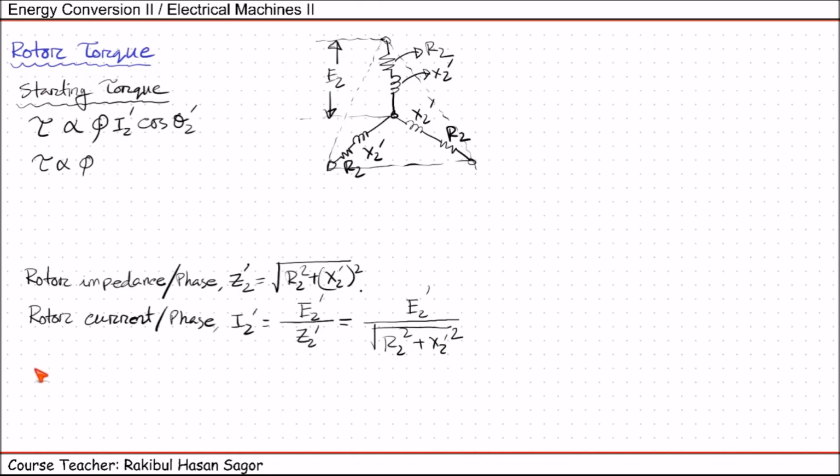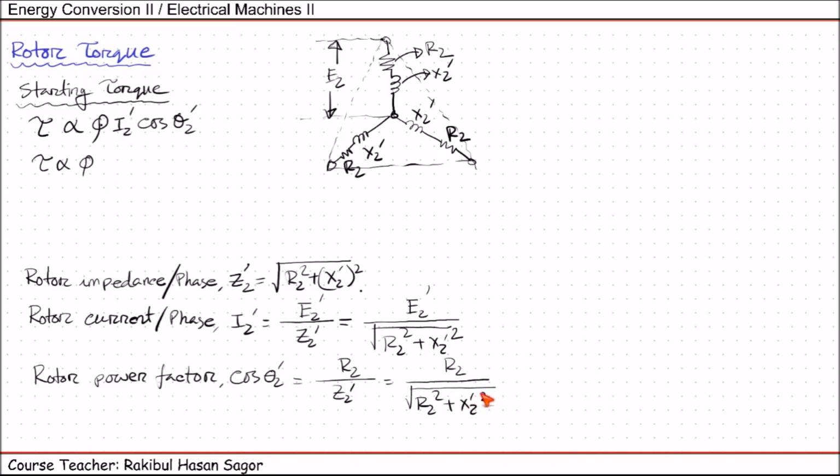And the rotor power factor cos theta 2 prime can be written as R2 over Z2 prime equal to R2 over root over R2 square plus X2 prime square.